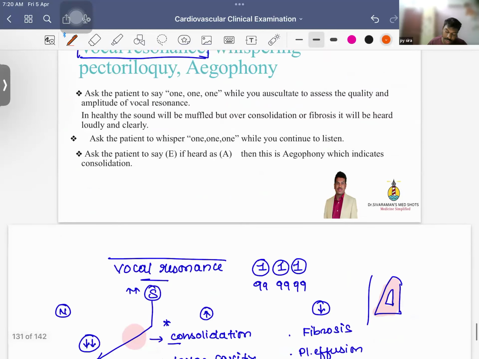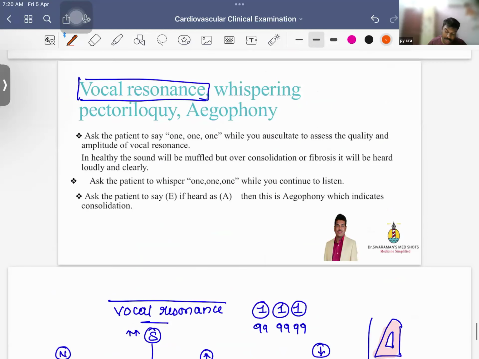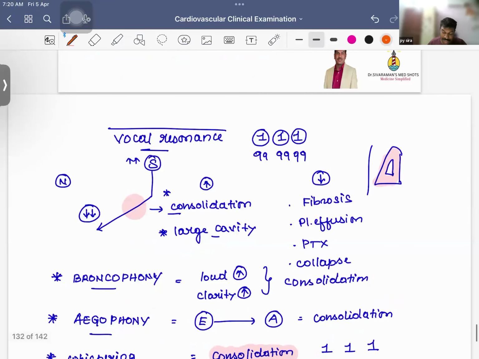Then coming to the last part, which is vocal resonance, which we have already seen, I think.